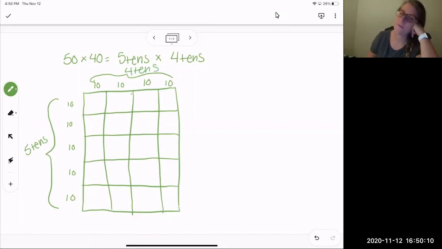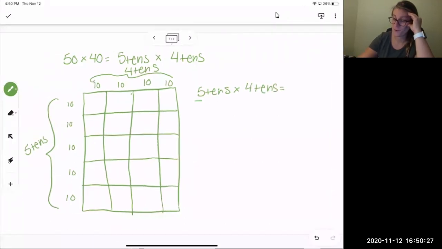So how many hundreds would that be? Each of our boxes is 100. How many hundreds is that going to be? So 5 by 4 is going to be, we have 20 total boxes and each box represents 100. So we have 20 hundreds.